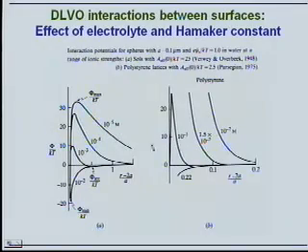So this is the effect, what happens when you change the Hamaker constant. You can see that when you increase the Hamaker constant, the potential of repulsion becomes attractive, and it sucks the particles into the gap.